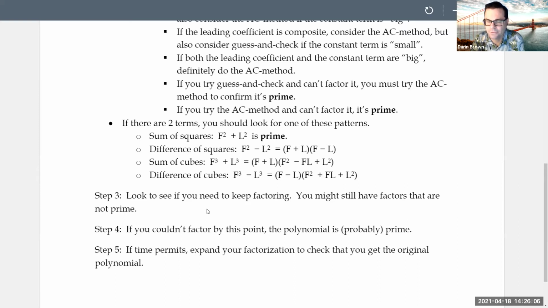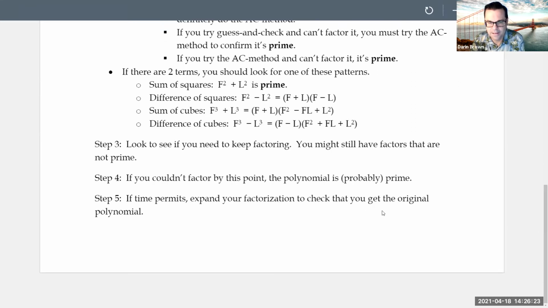They can't be factored further. Most of the time, that's going to be the case, at least 9 out of 10 times. But there are some small number of cases where the factors that you get, you can still factor further. And you just need to check that. And then once you've done that, either you factored it, great, and you've checked to see that you can't factor further.